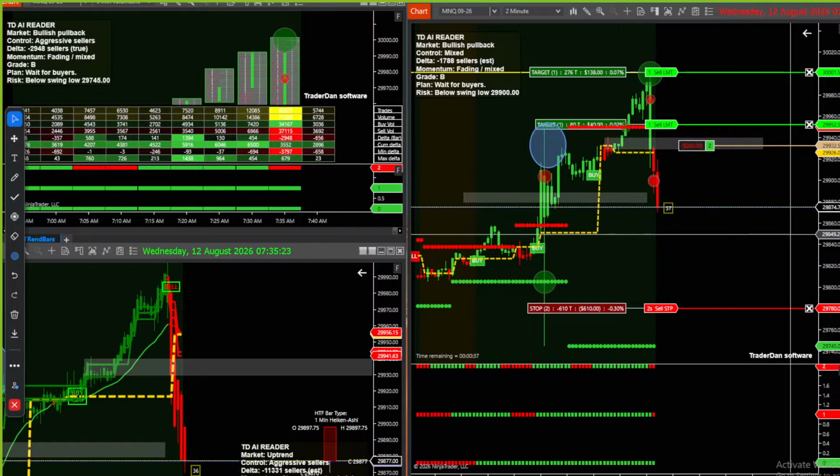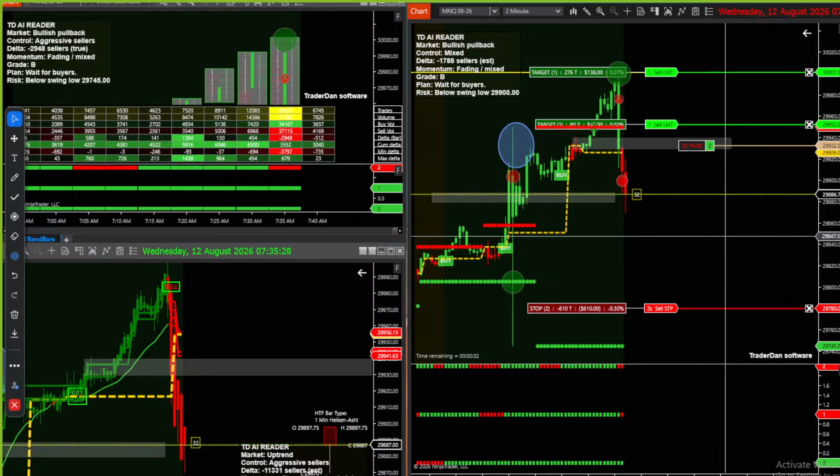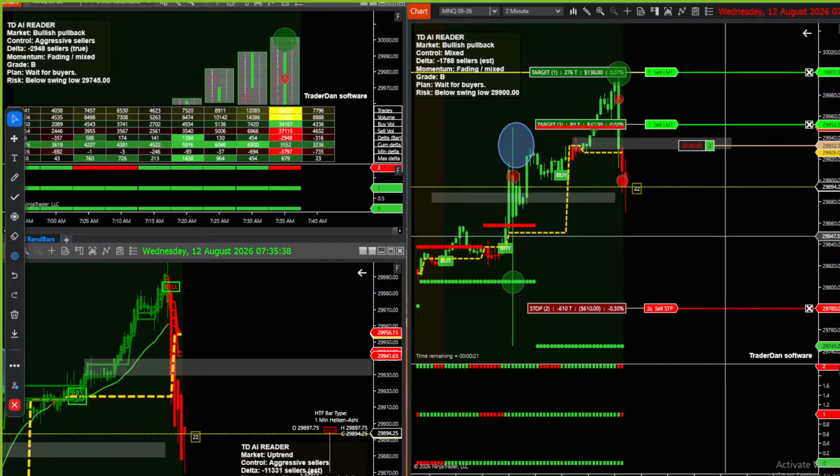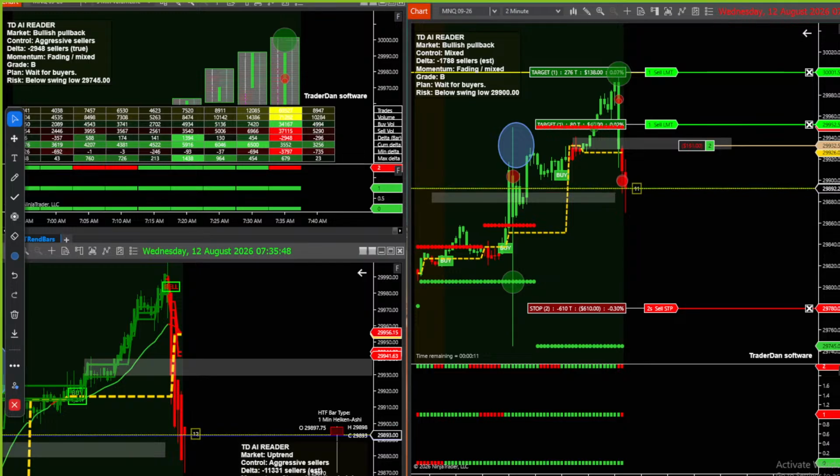Yeah, look at this. They're going to run this data wick, guys. POC just shifted up. I don't like this.